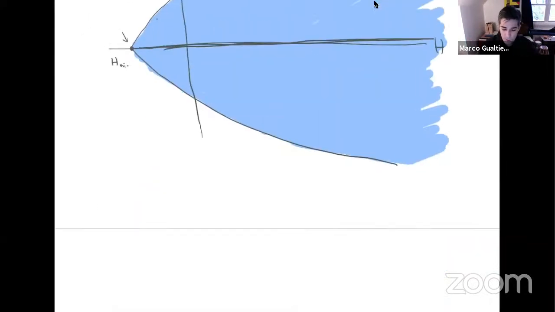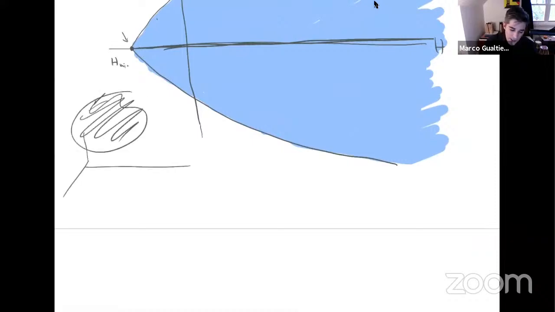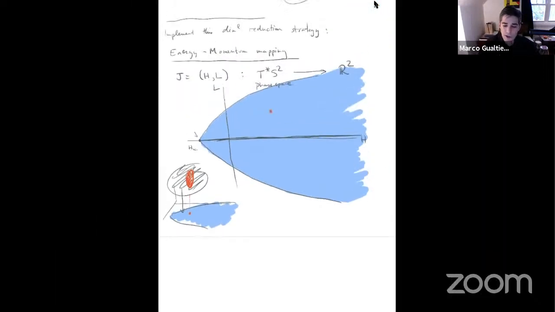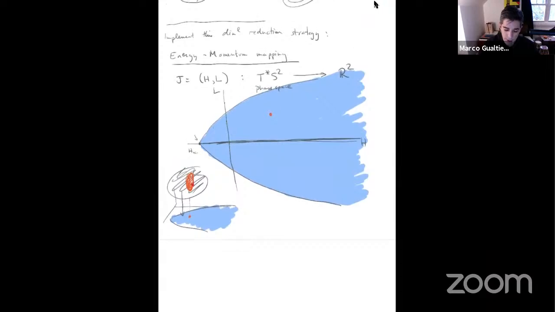So the phase space is some high-dimensional space, and it's being mapped down to this blue region. And the question that we have is, if I fix a point in this diagram, and I look above, what is this 2-dimensional thing that I'm going to have here? Because that is where the particle must be moving.